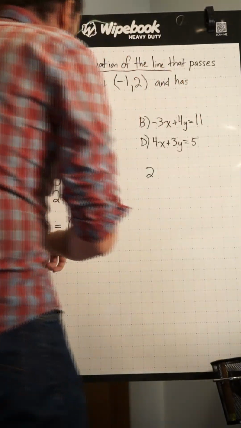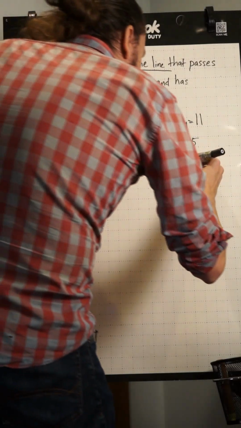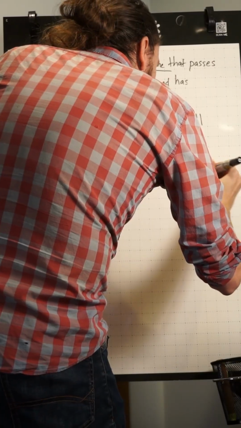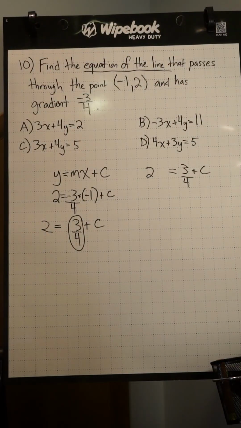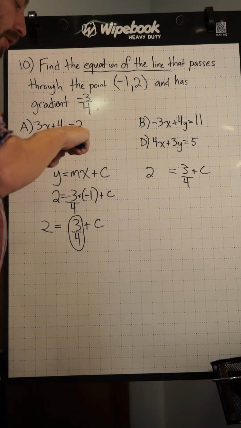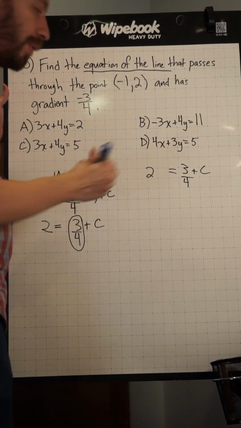On the left side we have 2. I'll leave a space for us. On the right side we have 3/4 plus c. Now I'm going to use another color to help us. Like we said, to transpose the 3/4, we're going to subtract 3/4 from both sides.